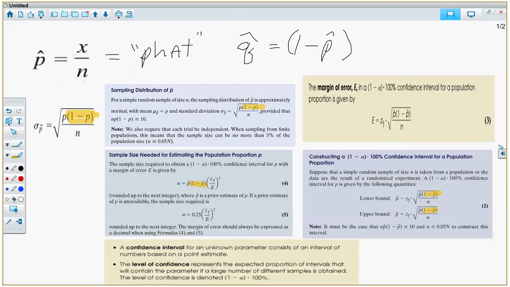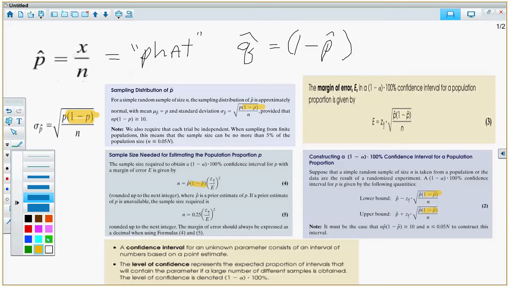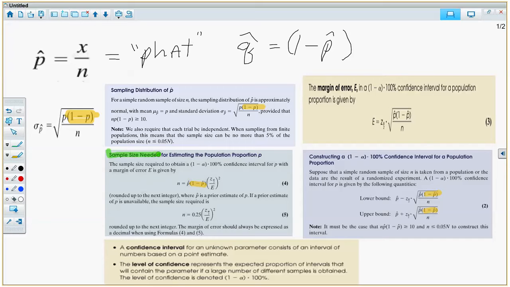So you've got the standard deviation, you've got the error, and you've got the confidence interval, and you know the difference between confidence level and confidence interval. Well, what is this one right here? Well, this is the sample size. Sometimes you're going to be given the information and they want to know what size of the sample is needed.